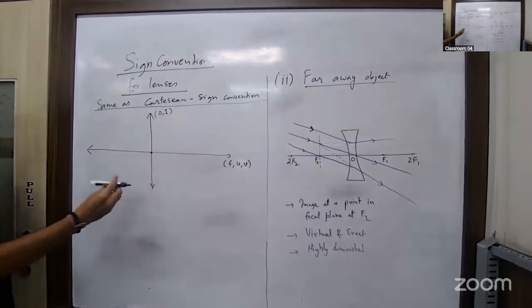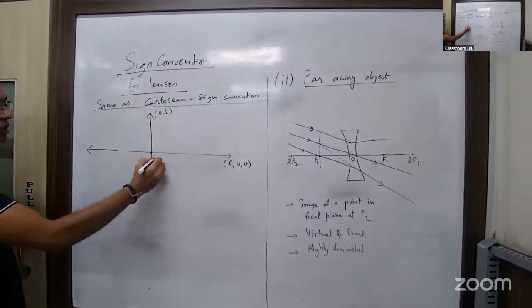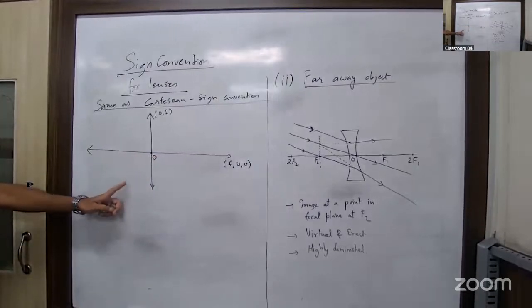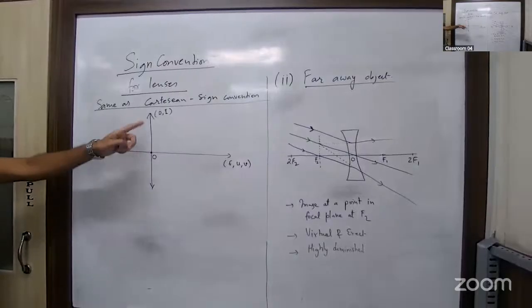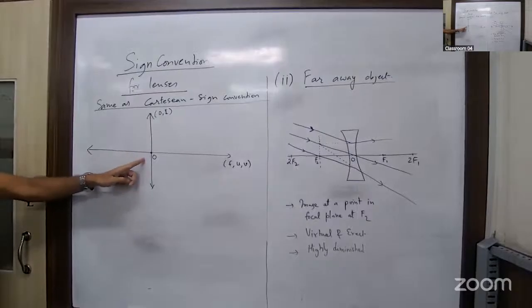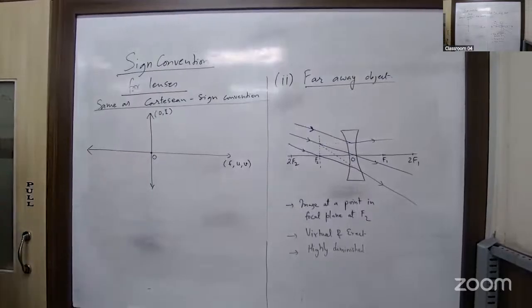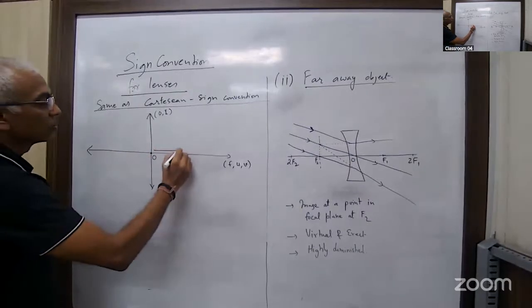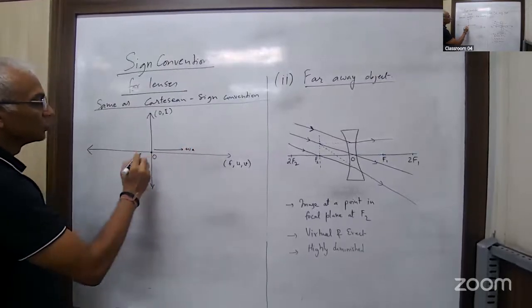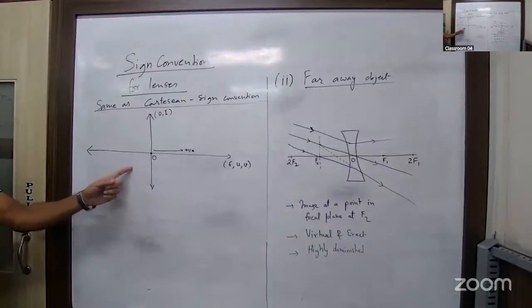So the sign convention is everything to the right of the origin. Origin is the optical center of the lens. You keep the lens at the cross of x and y axis, which is the origin. All the distances towards right are positive, measured from origin.